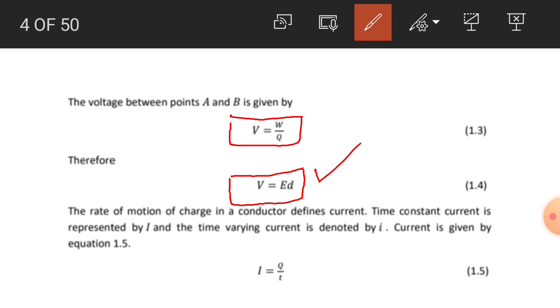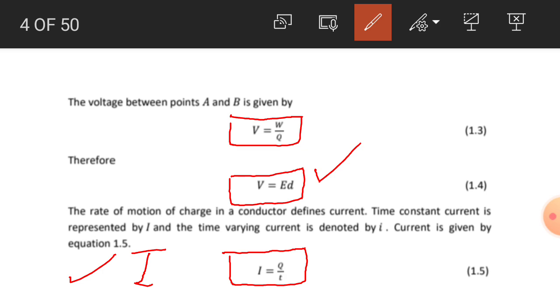So the rate of motion of charge is known as current. If the current is constant with respect to time, we shall represent this current by capital I. So the constant current in this course will be represented by capital I. The DC current in this course will be represented by capital I.